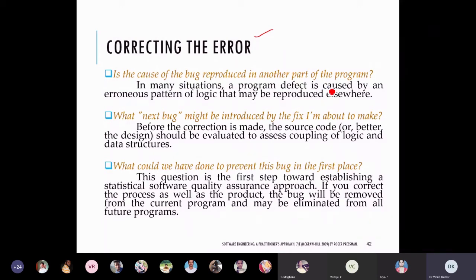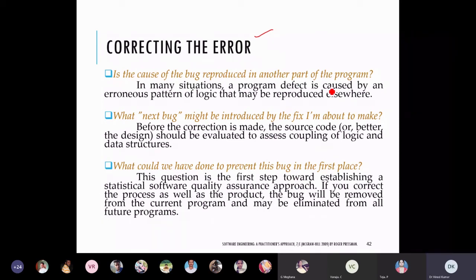So what is happening at the time of writing the code? We are not following the proper logic. That logic may be working at the place where you are applying it, but because of that improper logic implementation, it affects some other part of the program.